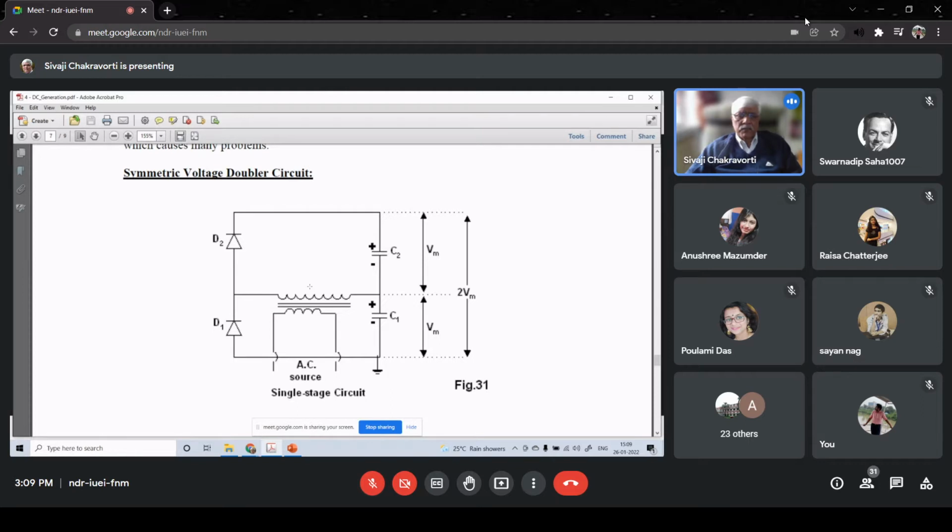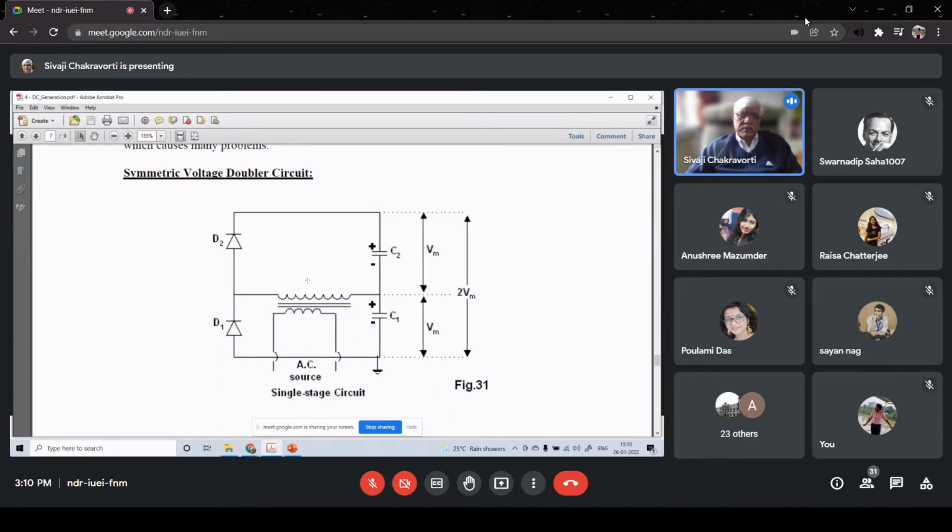When the right side of the secondary is positive and the left side of the secondary terminal is negative, what will happen to diode D1? That will become forward biased, and therefore the capacitor will be charged in such a manner that the upper plate of the capacitor will become positively charged and the lower plate will become negatively charged. But this is only for one half cycle.